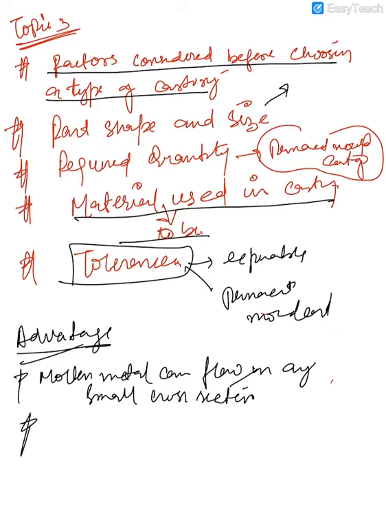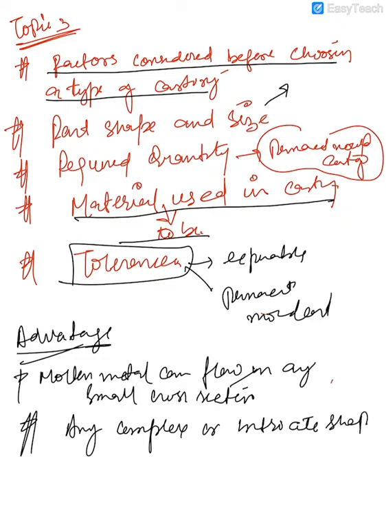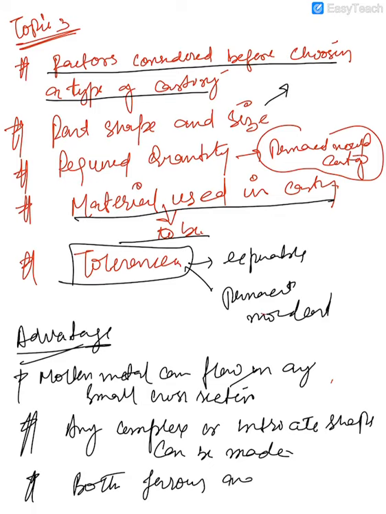Second, any complex or intricate shape can be made. Both ferrous and non-ferrous materials can be cast.